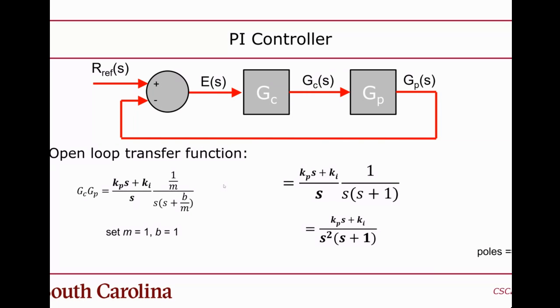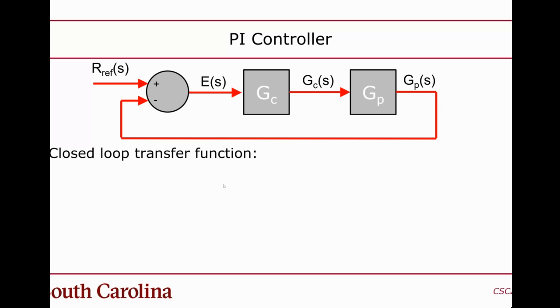Notice how I left Kp and Ki as variables, because those are the variables that I'm going to use to tune the controller.